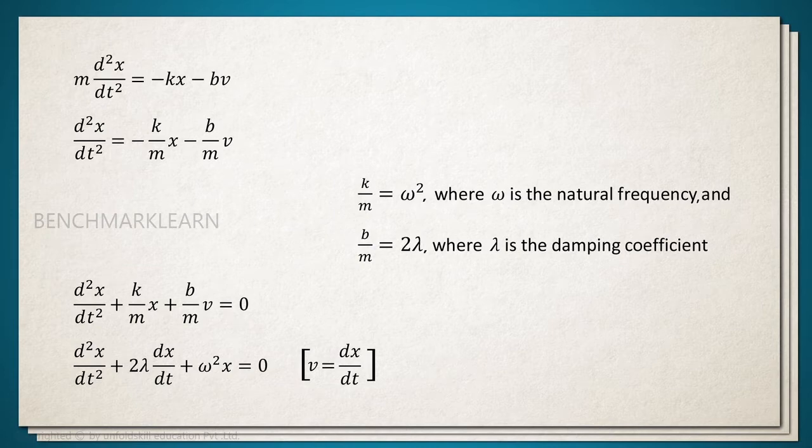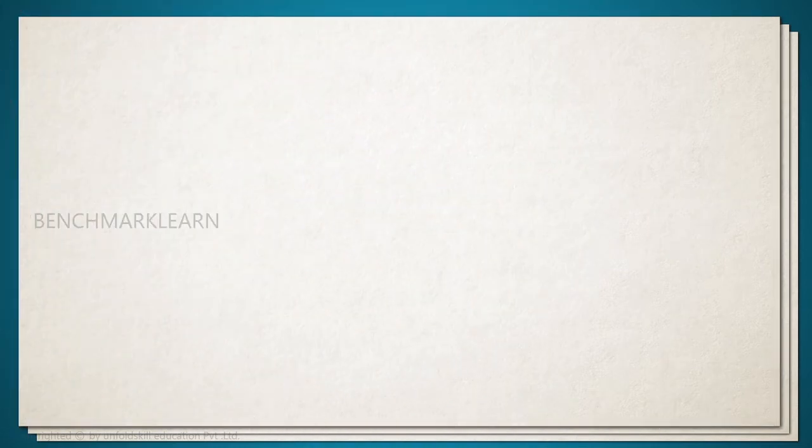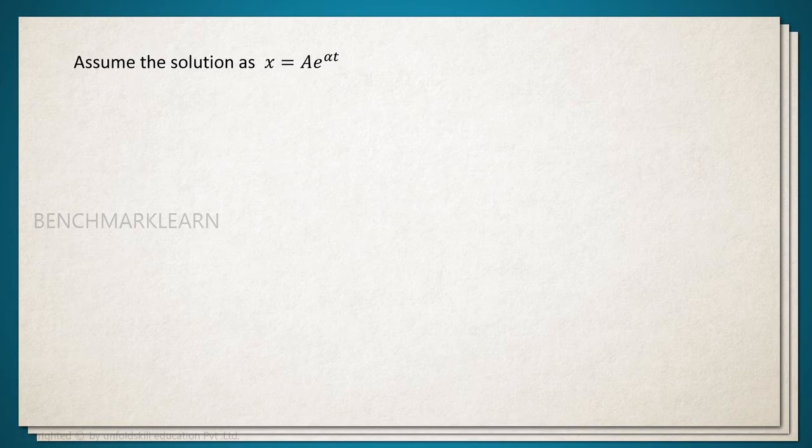Now we are going to find the value of x, which actually represents the displacement. The method that is used is the assumption of a solution. Assume a solution x equal to a e raised to alpha t. So we will find the value of dx by dt, then the value of d square x by dt square, and all these values will be substituted.